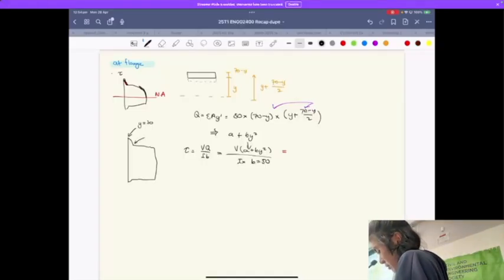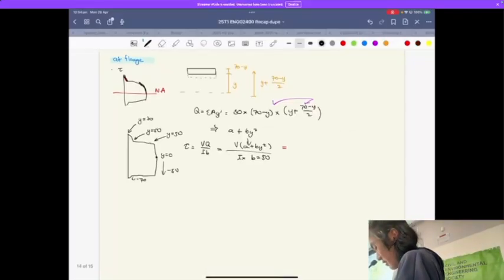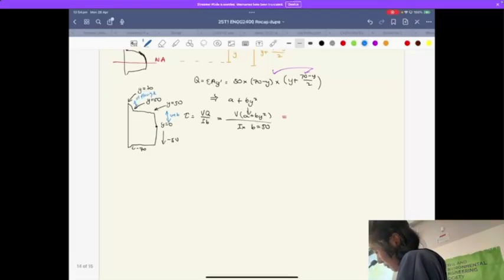This is y is equal to 50. This is also y is equal to 50. And then this is going to be y is equal to 0. And then this will be negative 50. That will be negative 70. And basically, you take this to be your at web, this to be at flange. And you plug in your value.